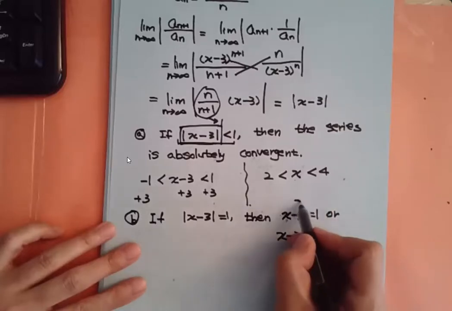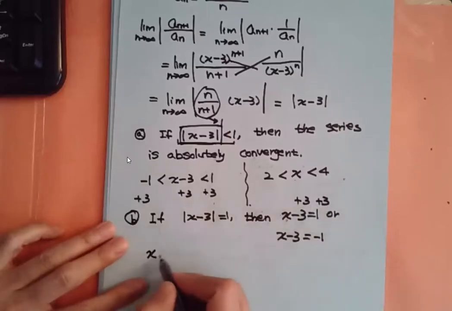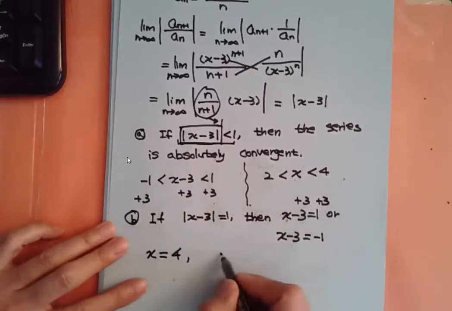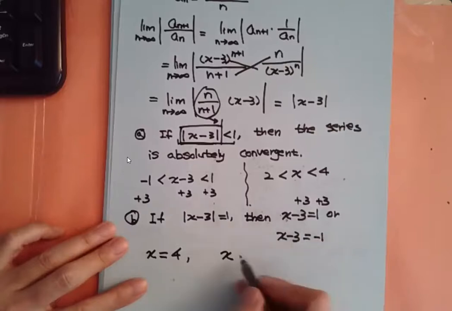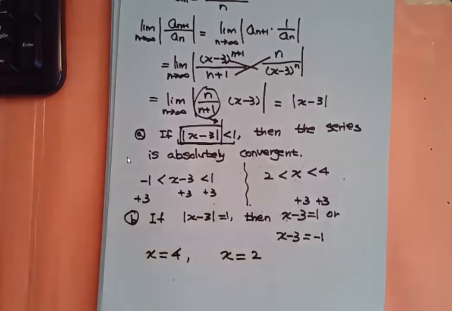So in this case, we add 3 on both sides, then x equals 4, or we add 3 on both sides, then the other one will make x equals 2. So we have to check a little bit more.